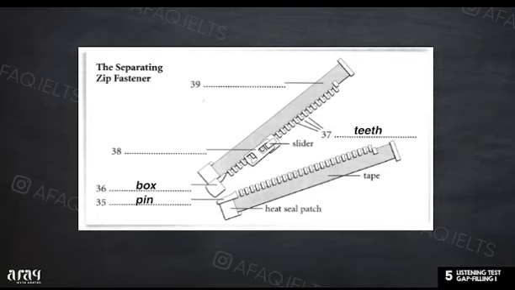Well, again, in the next sentence, you hear the word slider. Yes, it's a key word from the diagram. The phrase, this is operated by, helps you to find the answer.